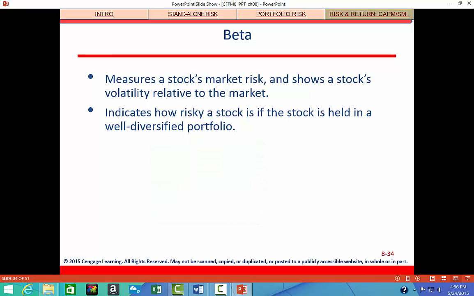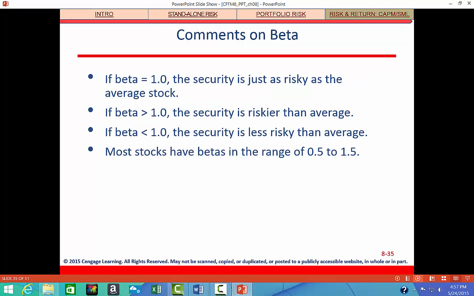So if you had a stock with a beta of 0.5, that would mean the stock is half as risky as the market. And so here's an example. If you had a beta equal to 1, then it's just as risky as the market. And then we talked about an example with 2 and with 0.5.